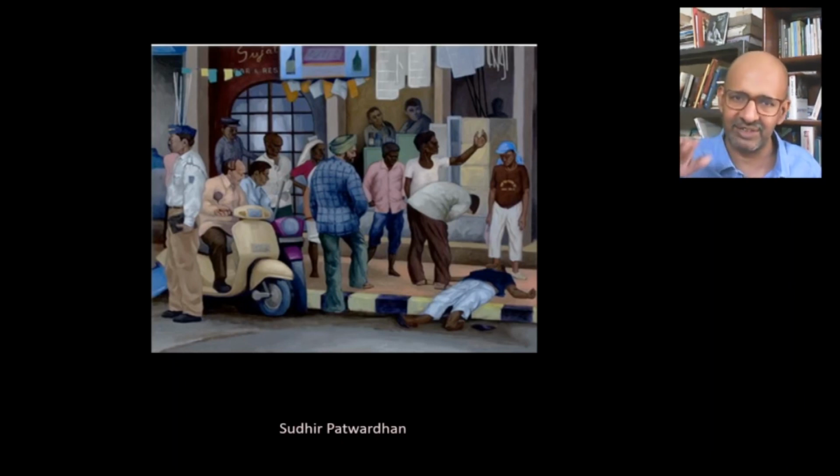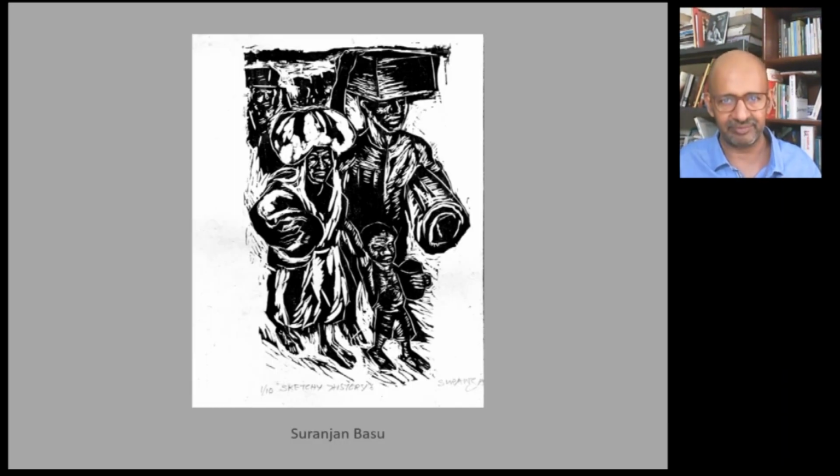But the rest of the environment remains as it is, like any other city of India. So Sudhir Patwardhan's paintings actually carry not just the details of a story, but also the background.